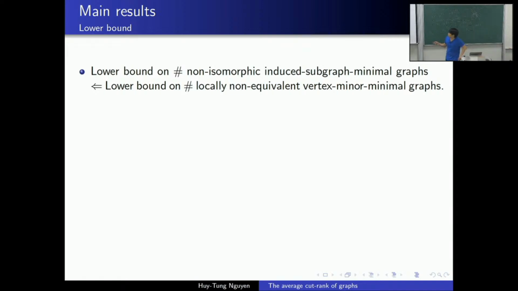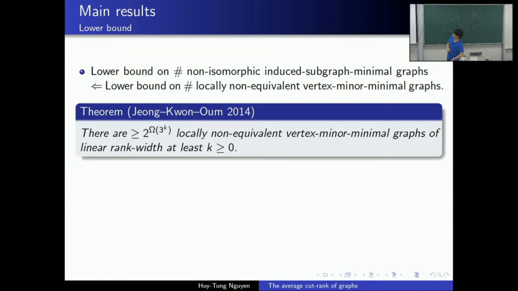And to obtain a lower bound on the number of locally non-equivalent vertex-minor-minimal graphs of linear rank-width at most k, Nguyen and Oum in 2014 deduced this number as an attempt to get some information about the size of the list of vertex-minor-minimal graphs of rank-width at least k. And again, as far as I know, this is still open for rank-width and rank-depth. Right? Maybe people don't care about the lower bound for rank-width and rank-depth.